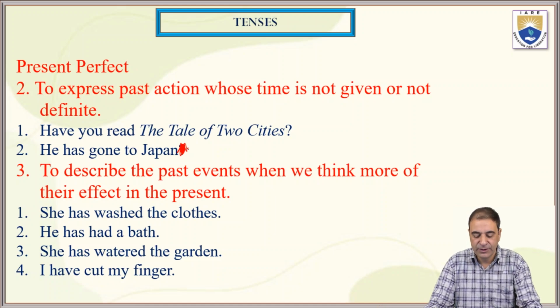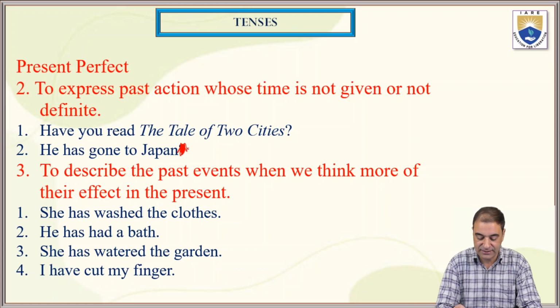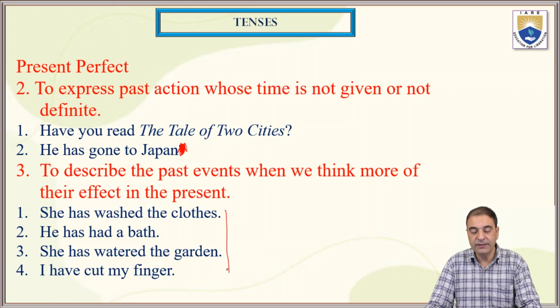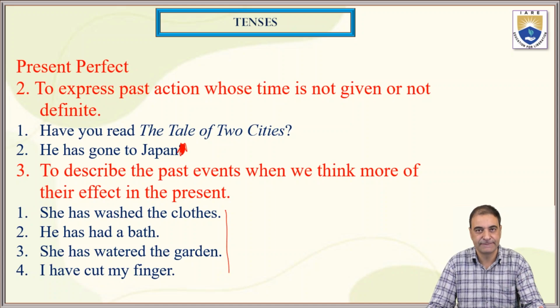And the third one, to describe past events when we think more of the effect in the present. If you look at these examples, here I'm talking about a past action whose effect is still felt in present. Yes, all these past actions were completed in the past, but their effect is still felt in present.